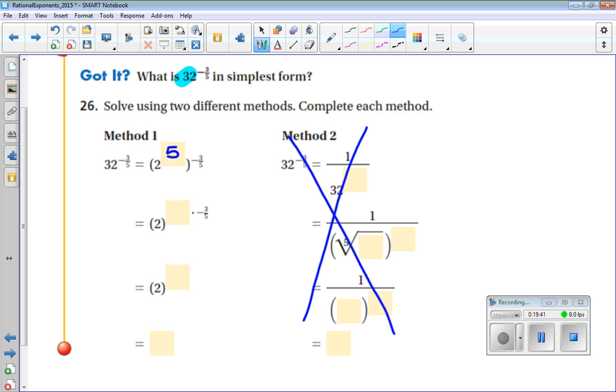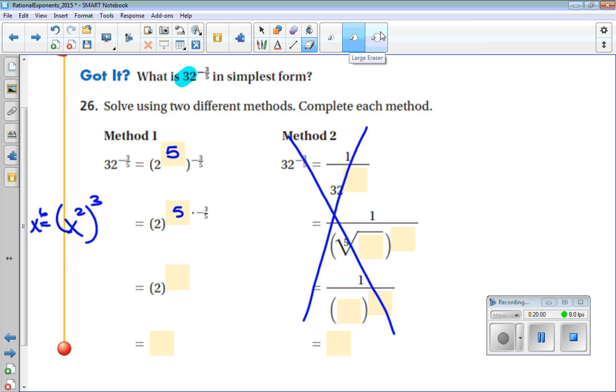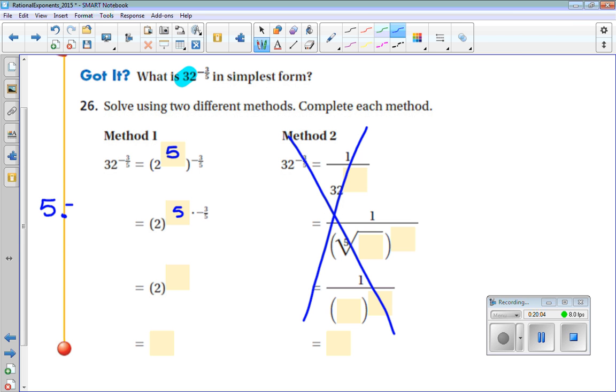Well, hang on a minute. If I have 2 to the 5th, do you remember what I do with those exponents there? If I have x squared to the third, what did I do with those exponents? I multiplied them, didn't I? Isn't that just x to the 6th? So how do I multiply 5 times negative 3/5? Put the 5 over 1 and multiply across.